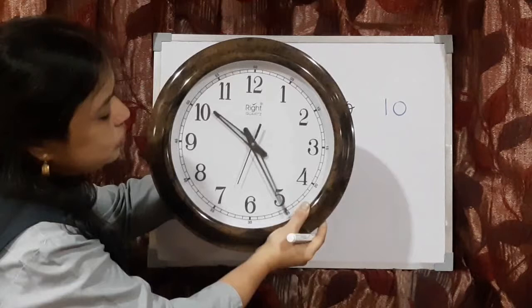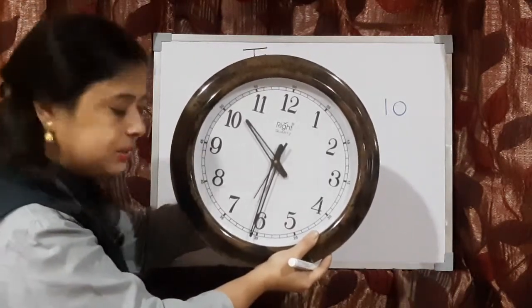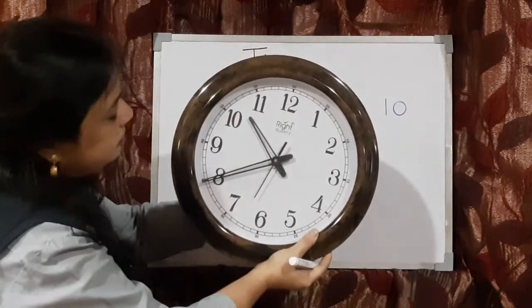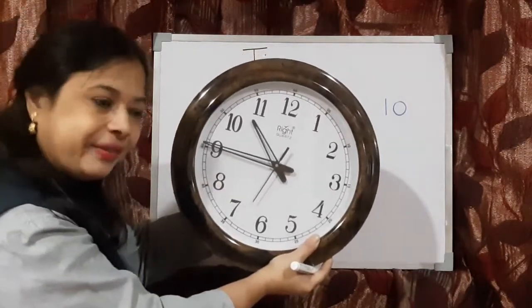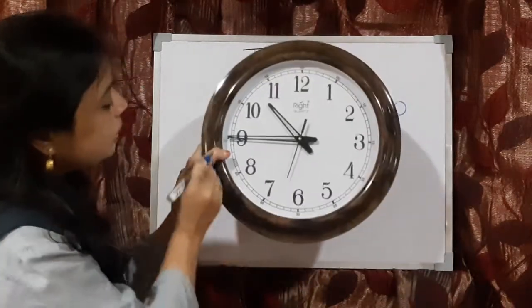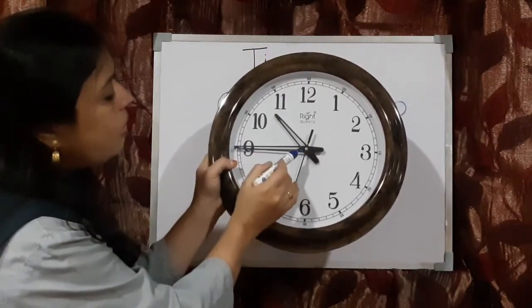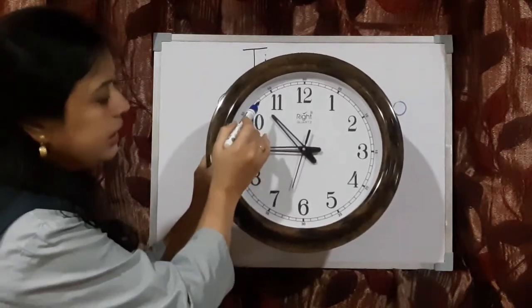When it comes to 6, then it is 10:30, half past 10. But when it comes to 9, can you see which number the small hand is coming towards? 11 number. So here the big hand is on 9 and the small hand is not on 11 but near to 11.